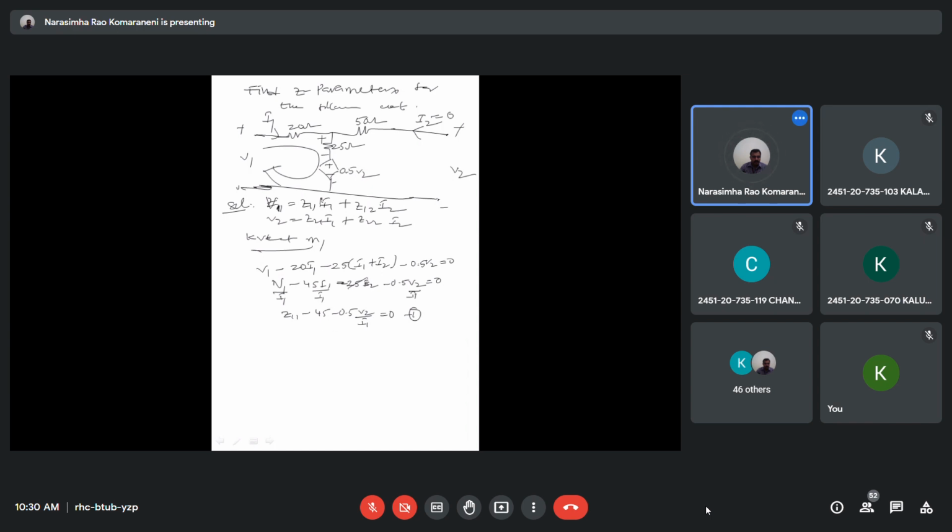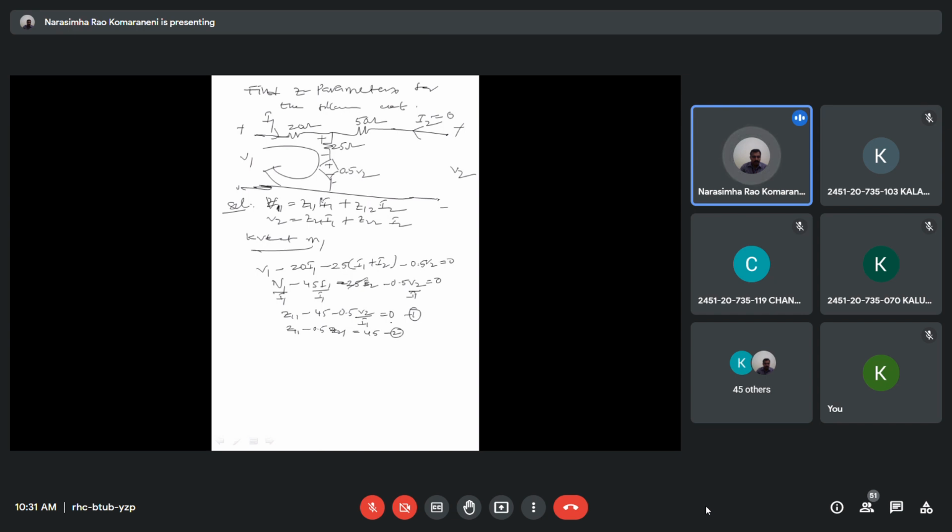So if we rearrange this a little, this is Z11 minus 0.5. This is nothing but the Z21 is equal to 45, equation 2.